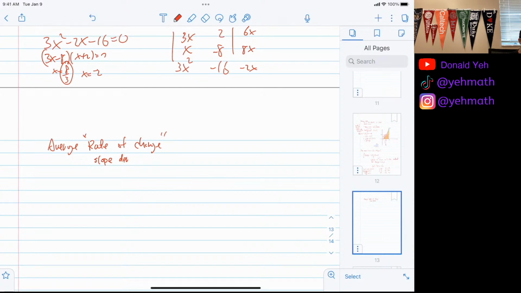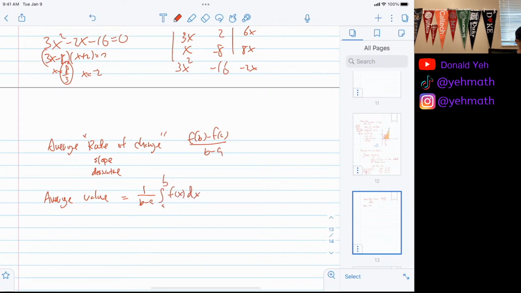So it's actually f of b minus f of a over b minus a. Don't get confused. Average value is the integral: 1 over b minus a, integration from a to b of f of x dx. So they are significantly different between the two.